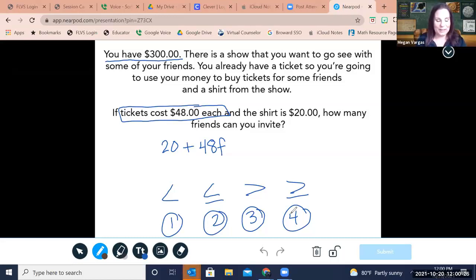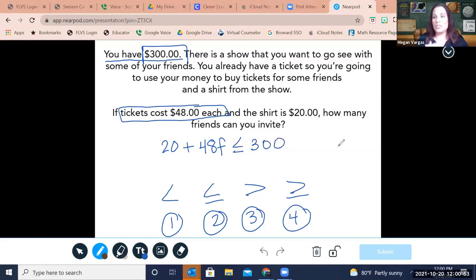Yes, let me explain. So if I can't go over 300, that means I can spend less than 300. That's okay. I could also spend exactly 300, right? So that means I could spend less than or equal to $300.